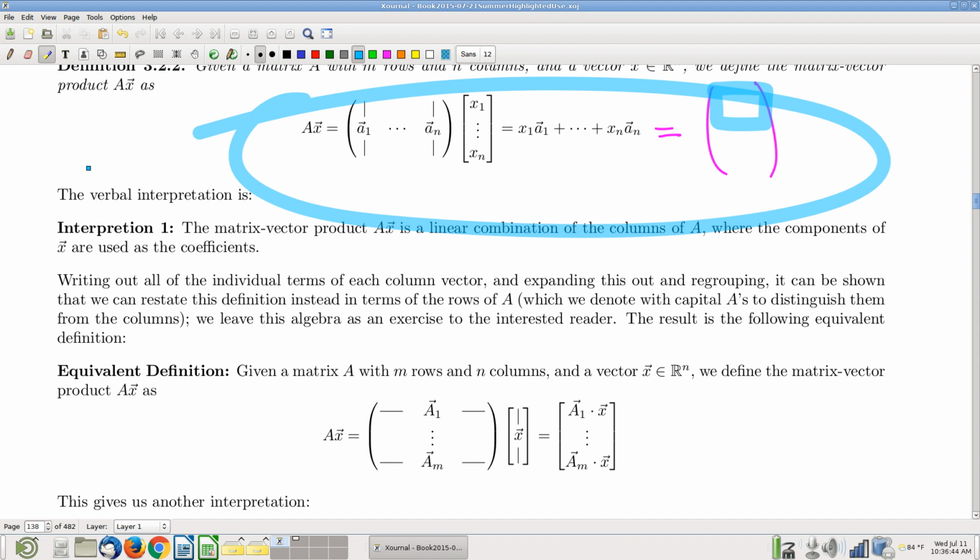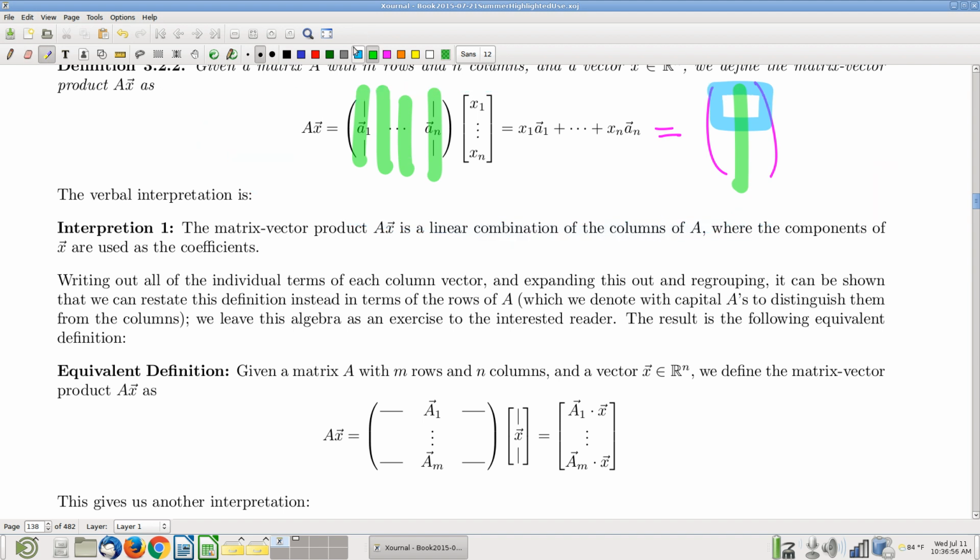Well, the first coordinate of that linear combination, I compute as a linear combination of the first coordinates. In other words, I compute that entry as a dot product, just like that formula there.